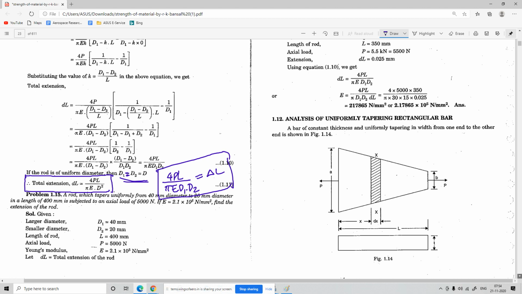There might be some typo error. Did you note it? This is for a uniformly tapered circular rod.